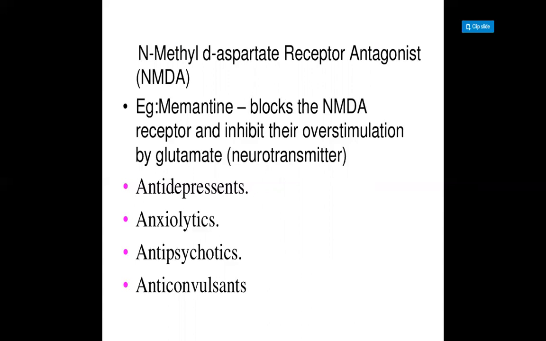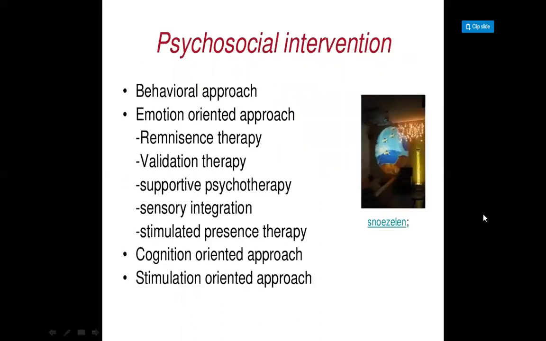So we have to give this NMDA receptor antagonist, and the drug name is memantine. And then we also have to give antidepressant drugs because the patient has depression and mood swings. The patient also has psychiatric problems, so we have to give antipsychotic drugs. Sometimes the patient has convulsions, so we have to give anticonvulsant drugs.